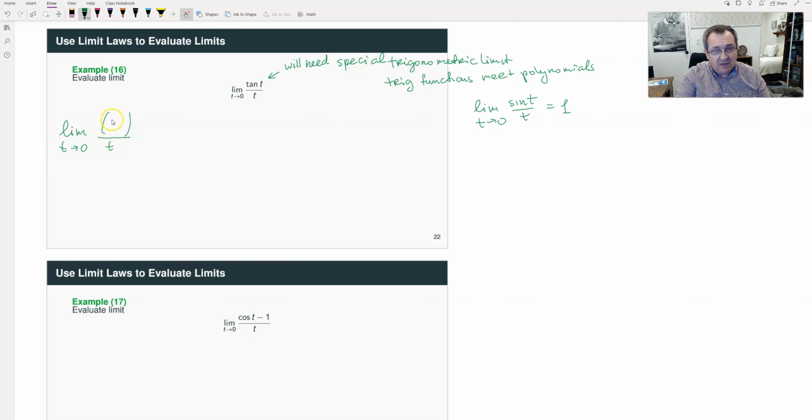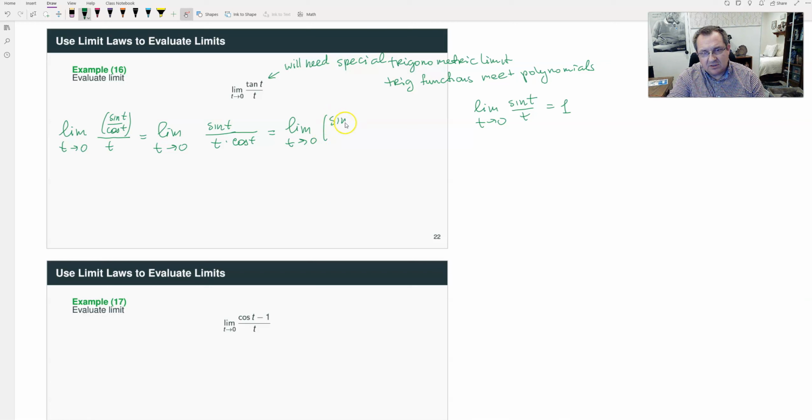We notice that tangent is sine over cosine, and then we have a mixed fraction, which we can simplify as the limit as t goes to 0 of sine t stays in the numerator, t stays in the denominator, and cosine t will go into the denominator. So now we start to see what's happening. We can break this into a product of two limits.